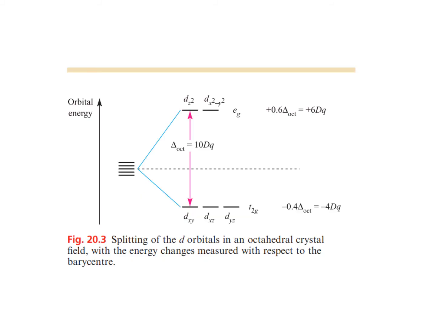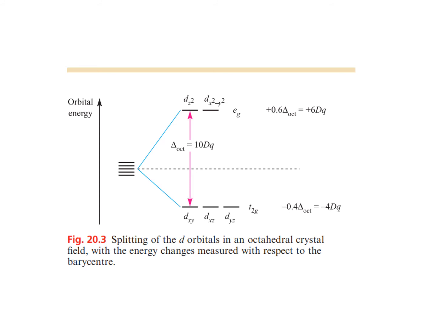Each book would have its own representation for the orbital splitting of the crystal field. For Housecroft, they use negative 0.4 delta oct and positive 0.6 delta oct.